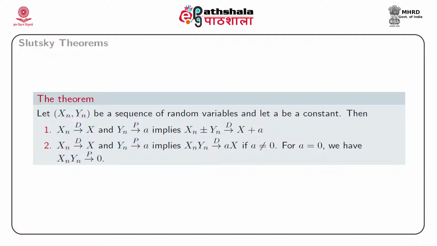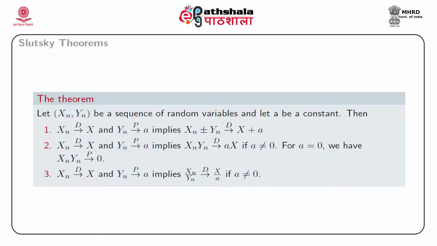However, if a equals 0, we have the product XnYn converging to 0, but not in distribution, it is in probability. The last one for the Slutsky theorem gives that if Xn converges in distribution to X and Yn converges in probability to a, then the ratio Xn divided by Yn converges in distribution to X divided by a, provided a is not equal to 0.